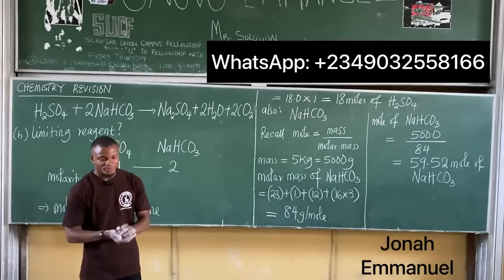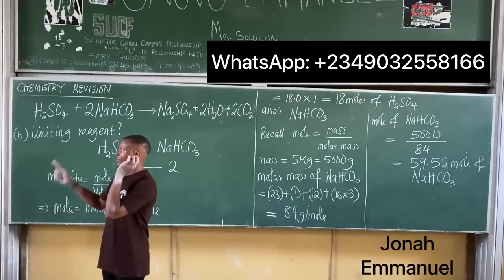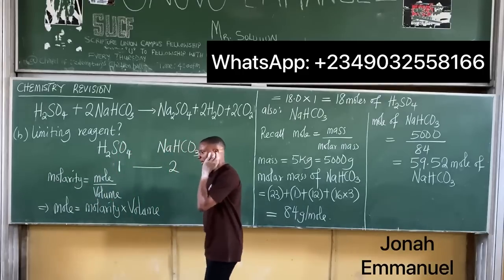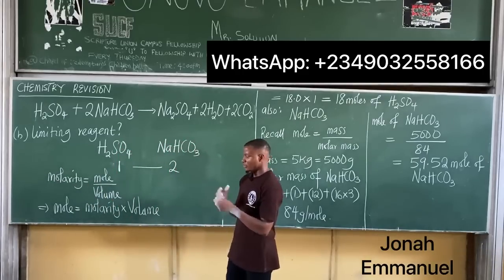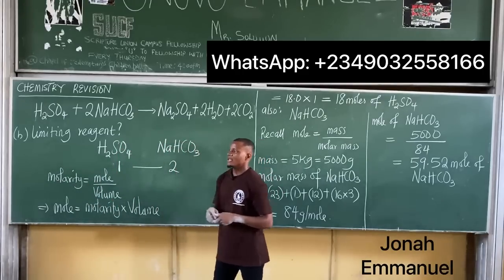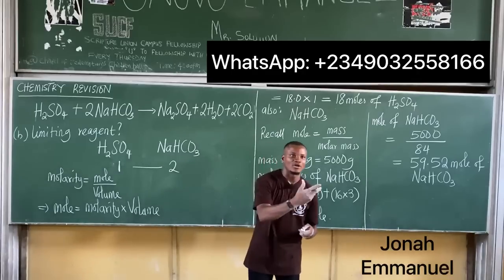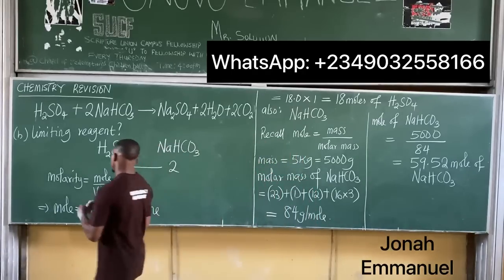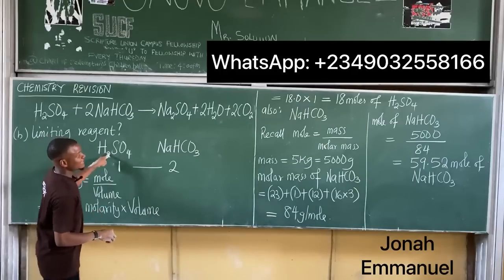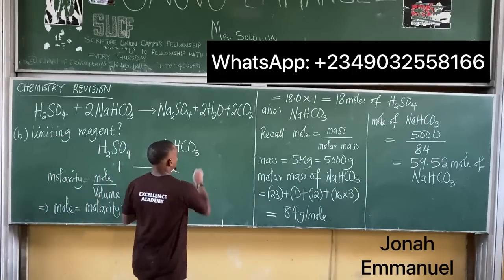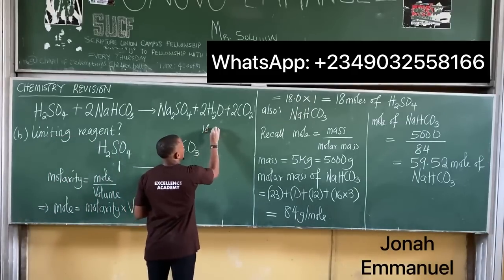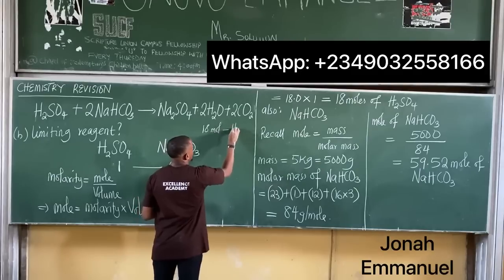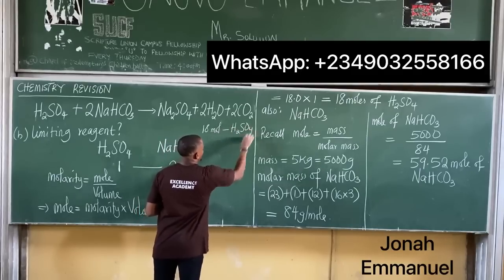So here's what's up. First things first, we got a balanced equation for this. Next up, my moles were this and this. Next up, we looked at the question, and from our question we were able to get another kind of mole, in which for the acid we got 18 moles of H2SO4.